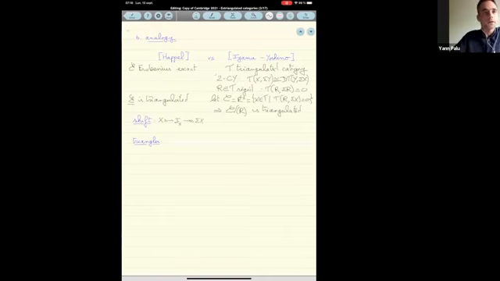This defines a functor on the stable category, and any different choice of short exact sequences would yield naturally isomorphic functors.